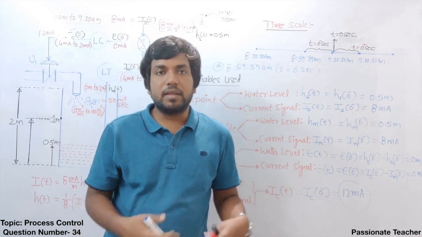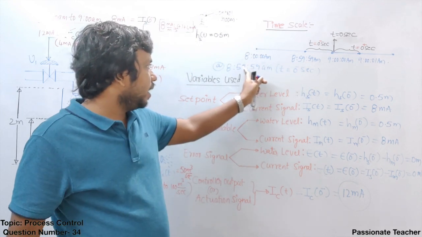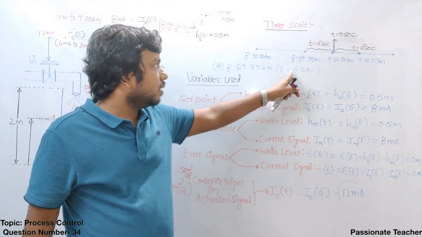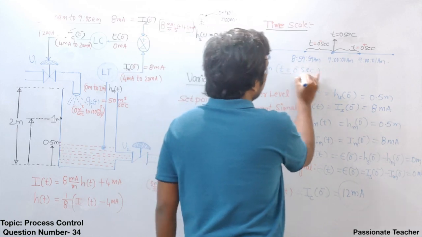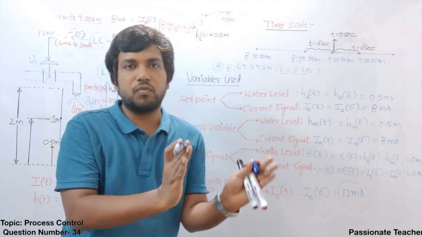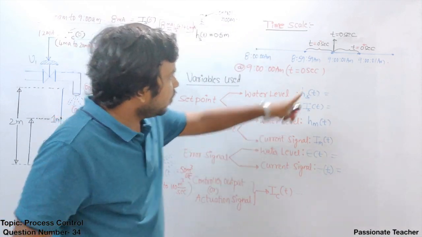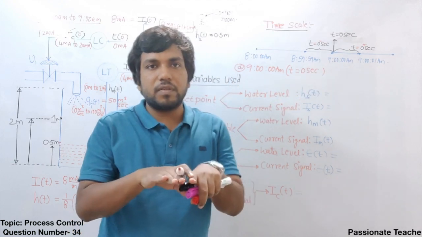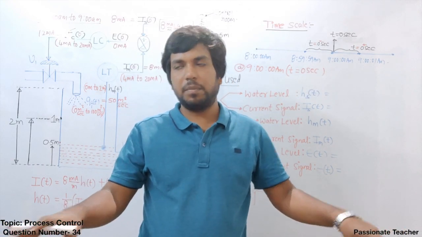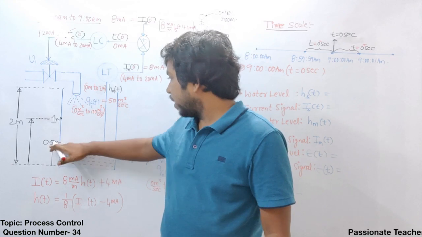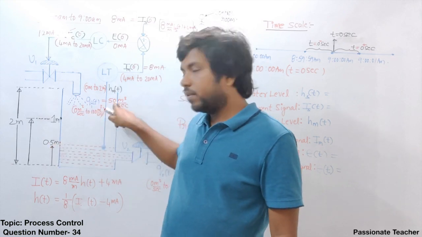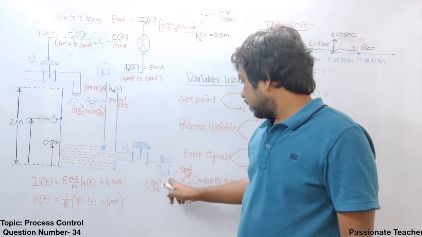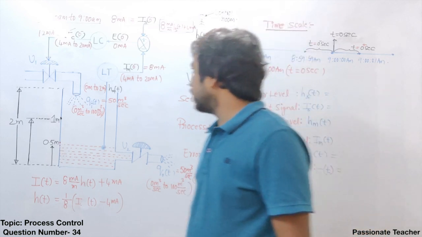All these things will be valid at 8:59:59 am or t less than 0, which is nothing but t equal to 0 minus second, just before 9 o'clock. Just before 9 am, the process is already at steady state. This value is fixed at 0.5 meter and Qin of t is fixed at 50 meter cube per second, and this value is fixed at 50 meter cube per second.